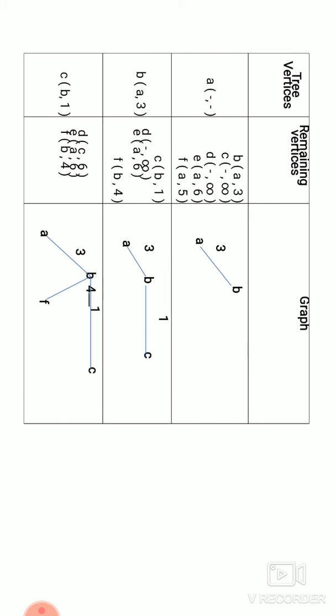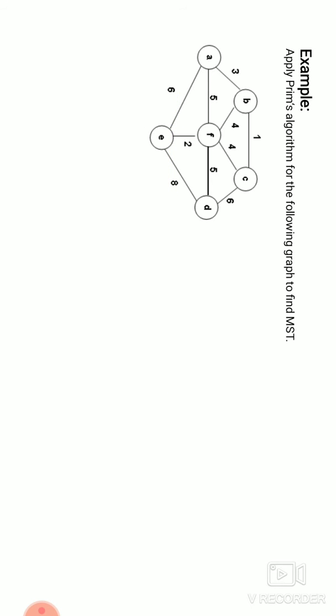There are 3 adjacent nodes to A: B, E and F, and the distance covered to reach B is 3, to reach E it is 6, to reach F it is 5, from the graph. So that is why we write B of A comma 3, F of A comma 5 and E of A comma 6. So how about C and D?